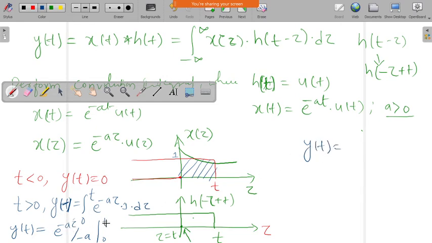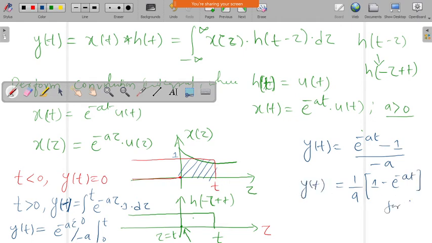If I substitute t here, you get e power minus at, and if I substitute 0 here, it becomes e power 0, that is nothing but 1, divided by minus a. You are going to get 1 over a into 1 minus e power minus at. So this is y of t for t greater than 0, and it is 0 for t less than 0.